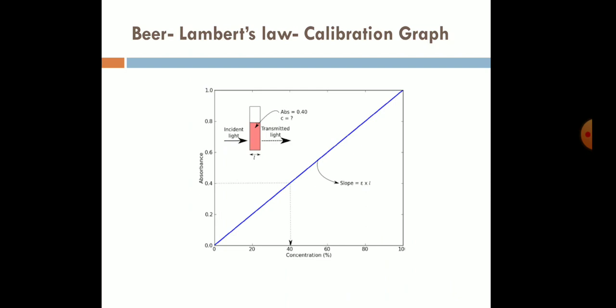You can see in the figure that the incident light has passed through the sample. It has covered the distance L shown here. We have taken x as the distance, and the intensity of the transmitted light is reduced, and the absorbance value is given for one particular point, 0.4.